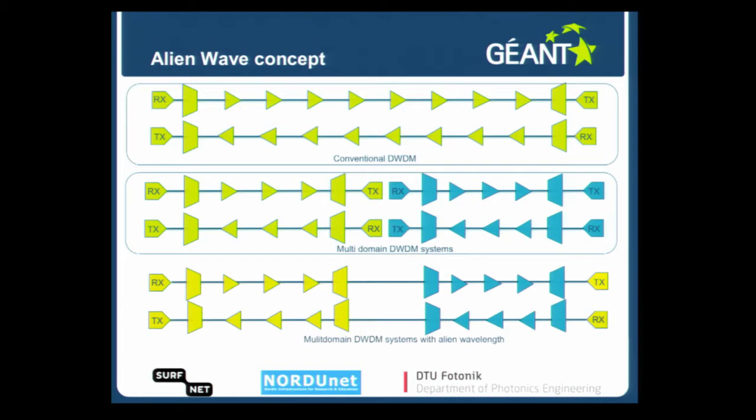In a multi-domain environment, we need to somehow go to the digital layer at this point, because we need to exchange the information, and that of course increases capex, which is something we wouldn't like. So the idea is, instead of regenerating the signal here, we can just directly inject it into the next domain, which is represented by the blue boxes here.